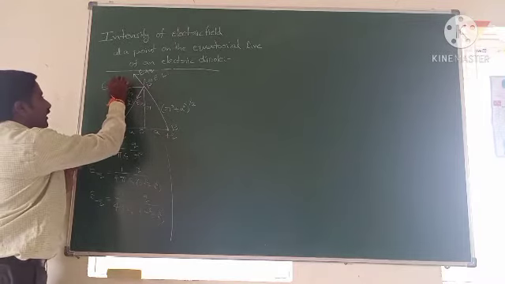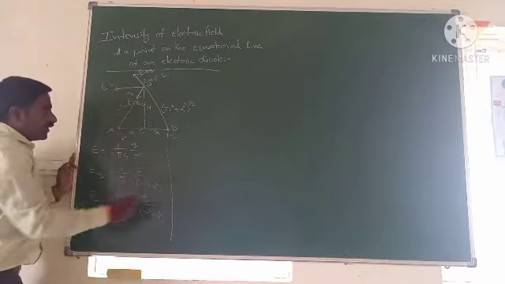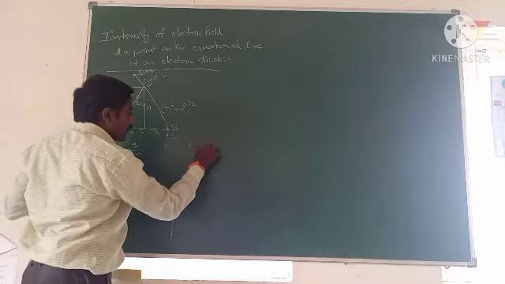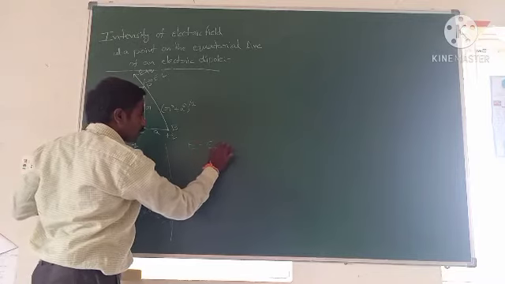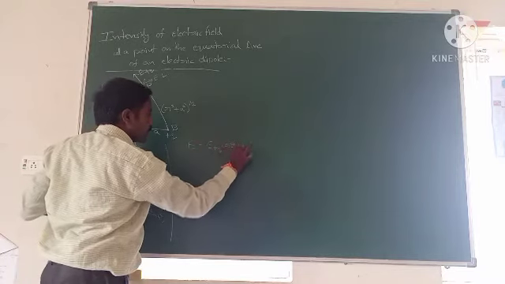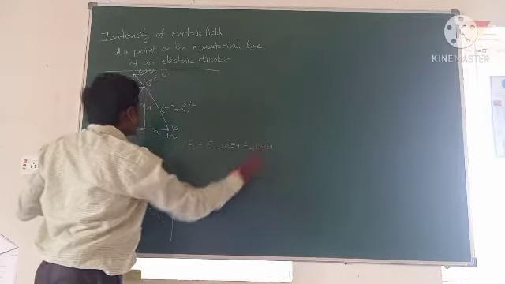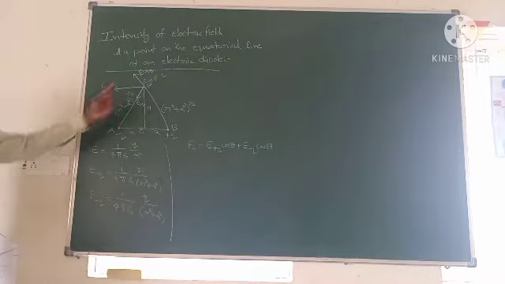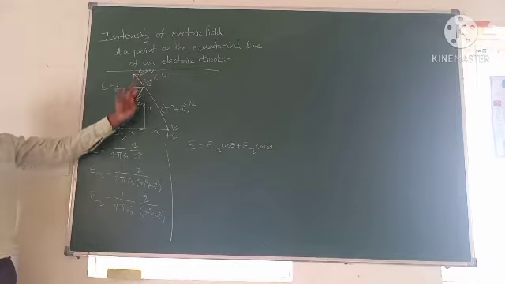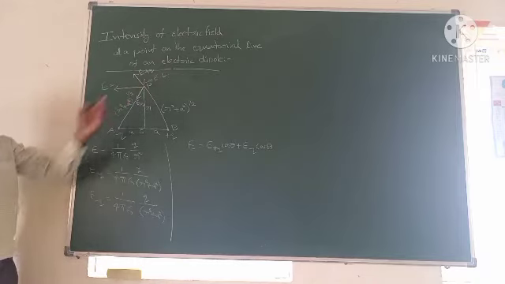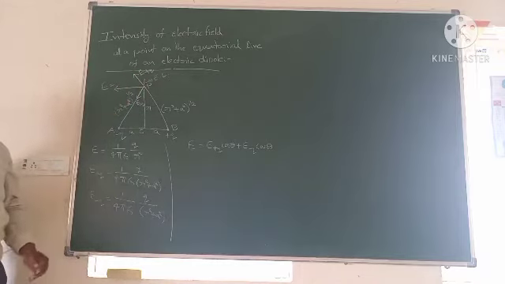So this can be written as E equals E plus Q cos theta plus E minus Q cos theta. So your E plus Q, E minus Q directions will be split into two components according to the vectors concept.